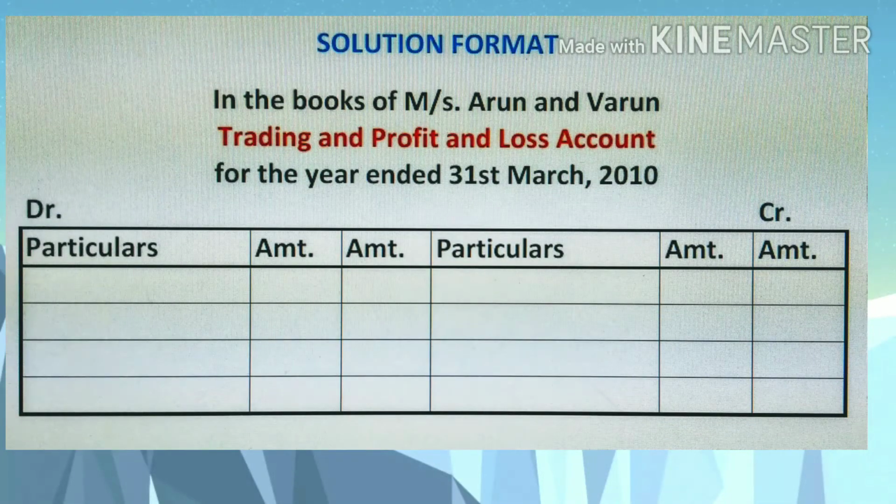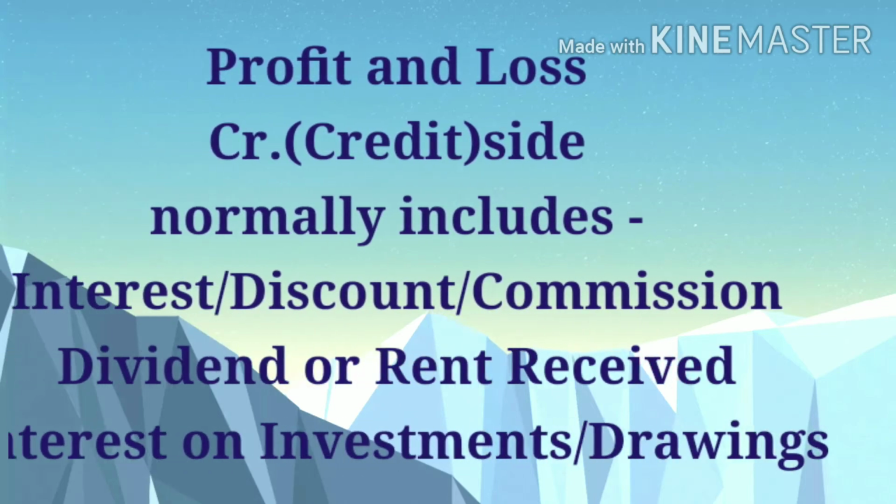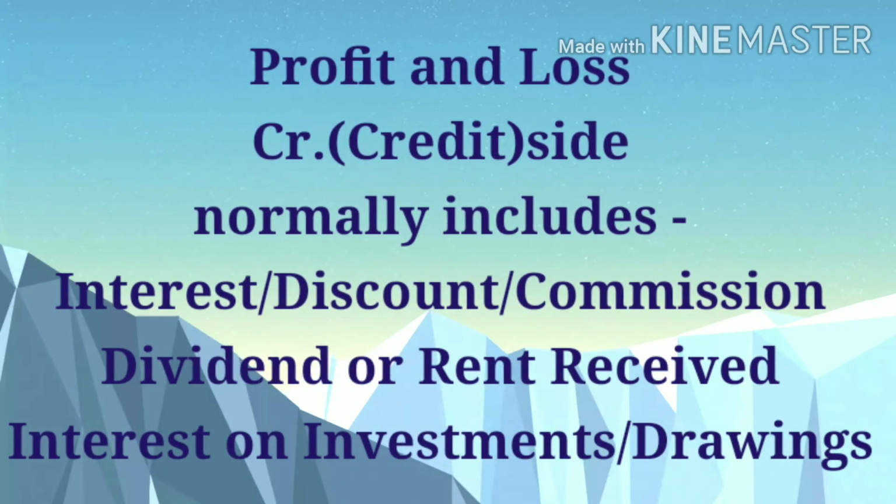For example, salary, unproductive wages, office and general sundry expenses, printing and stationery, postage and telegram, legal charges, audit fees, rent, traveling expenses, carriage outward, bad debts, etc. And on the credit side, transfer all indirect incomes which are going to be received by the company. For example, interest, discount, commission or dividend and rent received, as well as interest on investment or drawings, etc.